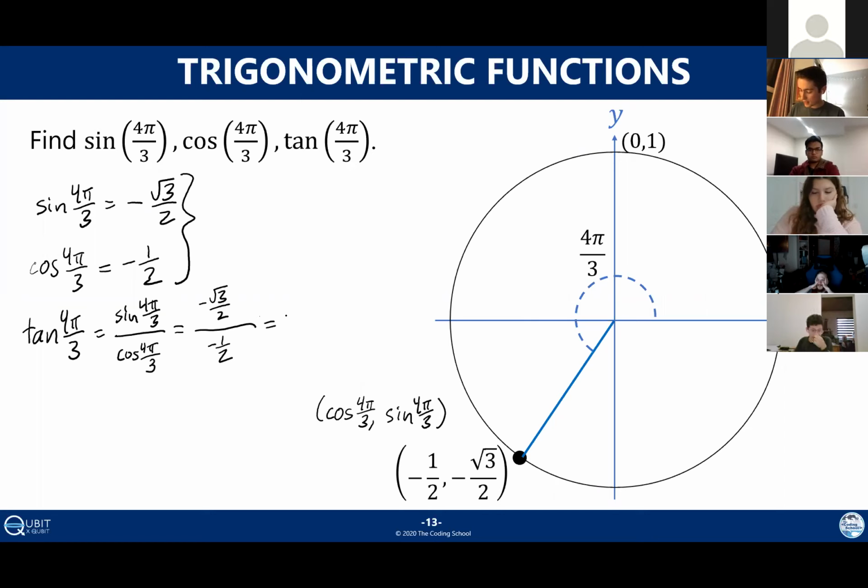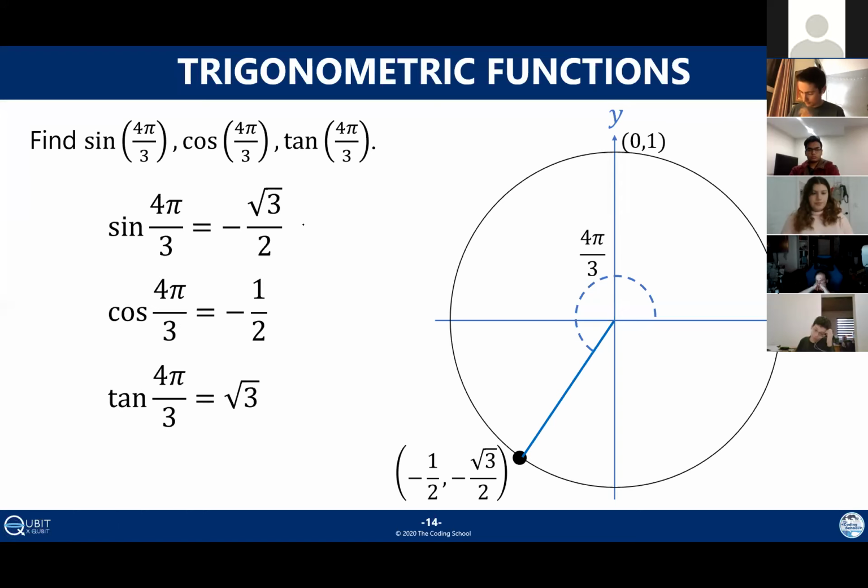The negative signs cancel out, and then we'll do the same trick, multiplied by the reciprocal. And this time our tangent is square root of 3. Again, I'll go to the next slide just to check our answers. So sine is minus root 3 over 2, cos is minus 1/2, tan is root 3, as expected.